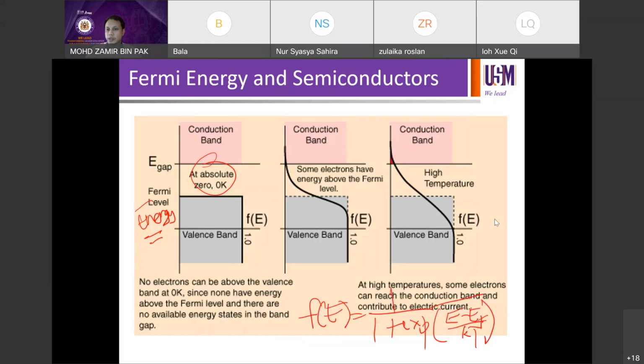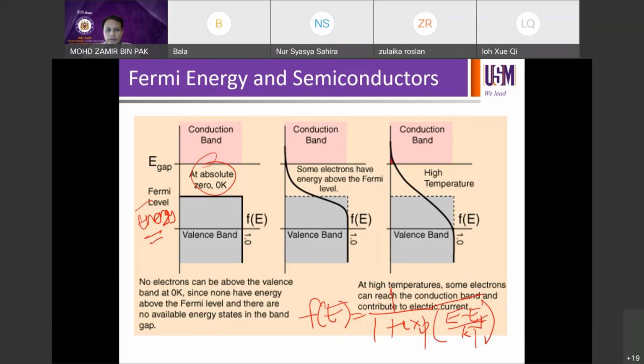That's the equation that governs this behavior. No electrons can be above the valence band at 0 Kelvin because all of them are tightly bonded. None have energy above EF, and there are no available energy states in the band gap, so all the electrons are occupying the valence band.